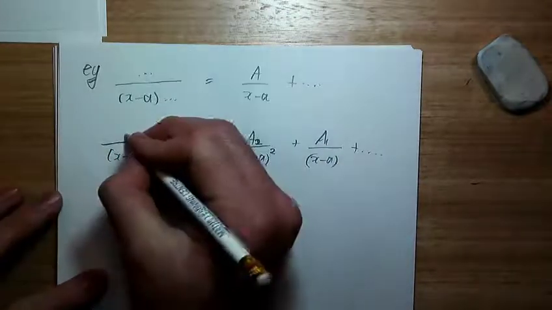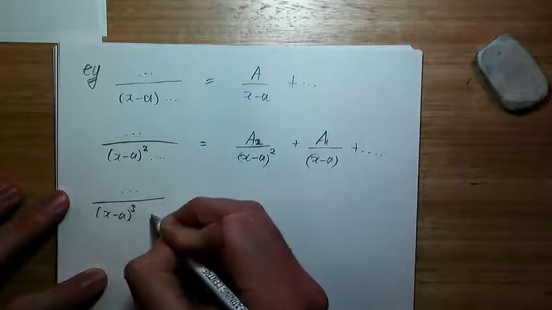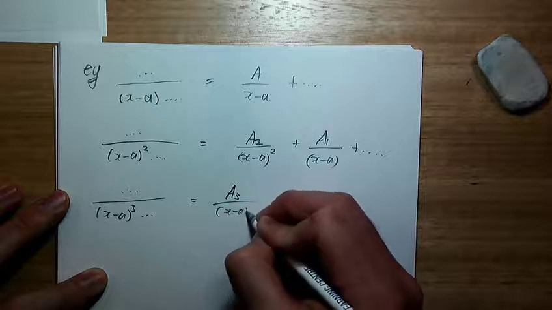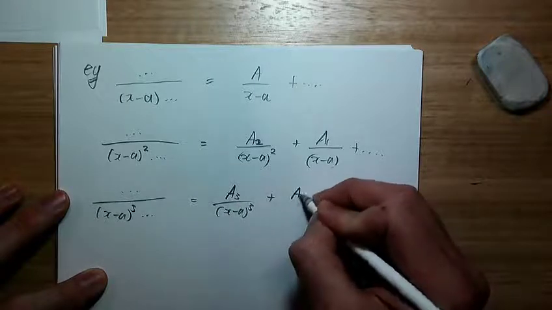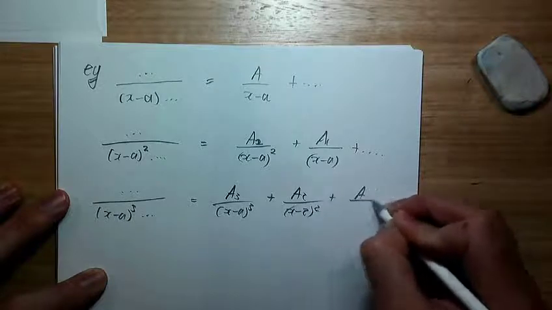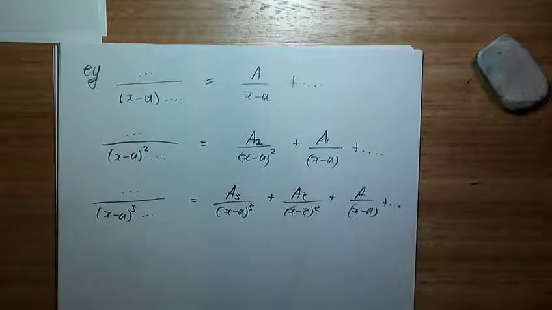If I saw this, I would have 1 for x cubed, 1 for x squared, and 1 for just x. Like that.